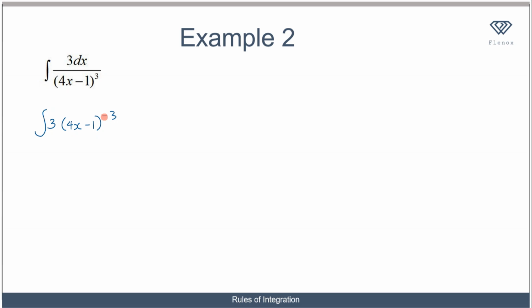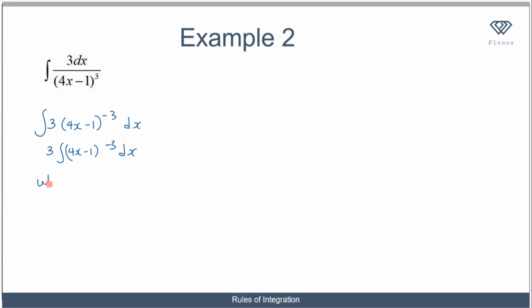If you remember, when you have minus 3, it's the same thing as having 1 over this, then with respect to x. So 3 is a constant. I can easily bring that out. So I have 3, then I have the integral of 4x minus 1 all raised to the power of minus 3 times dx.